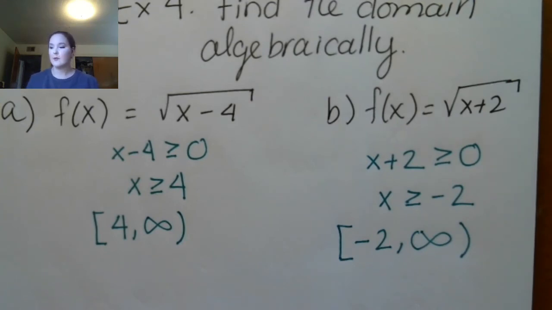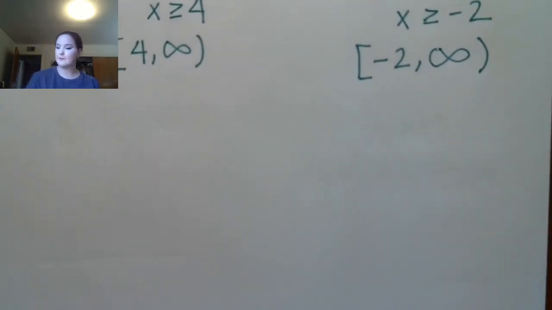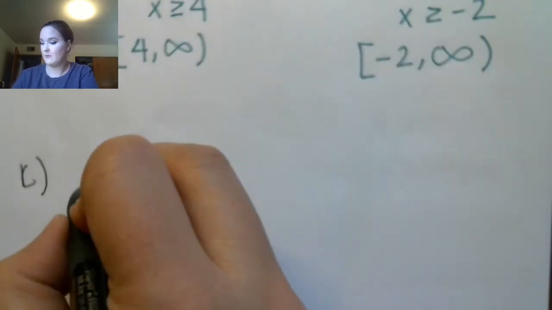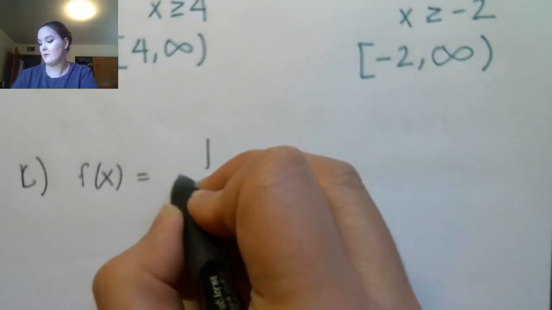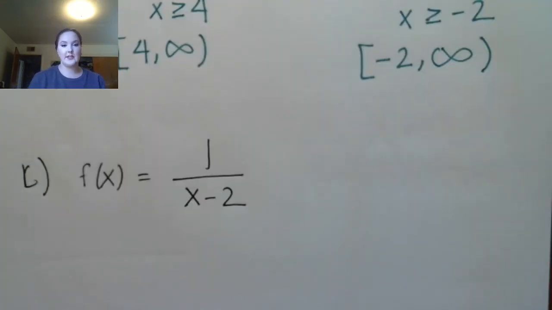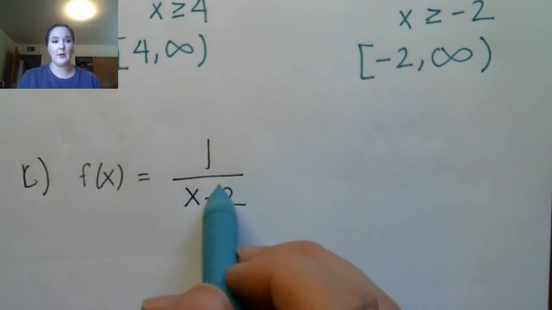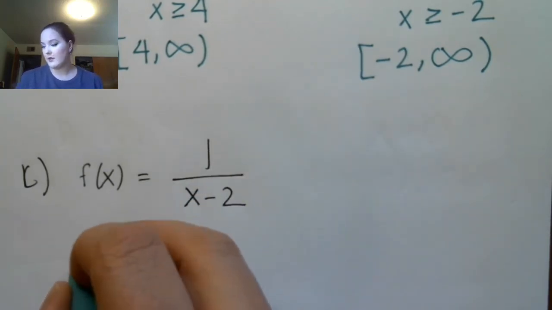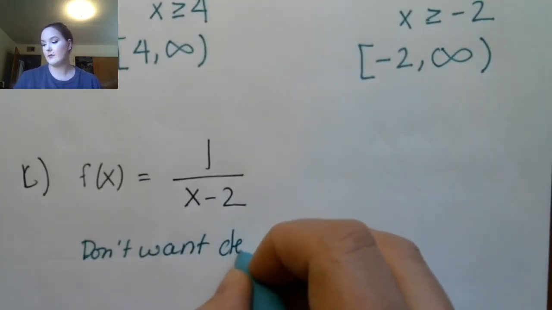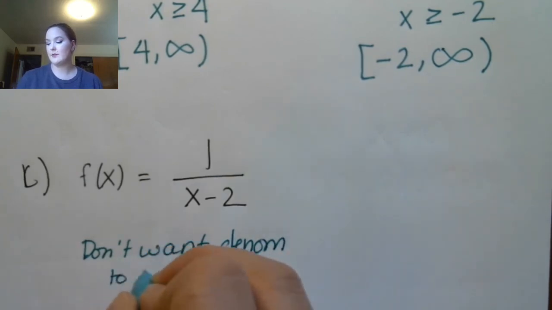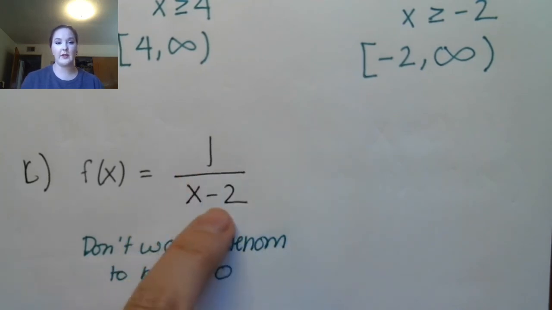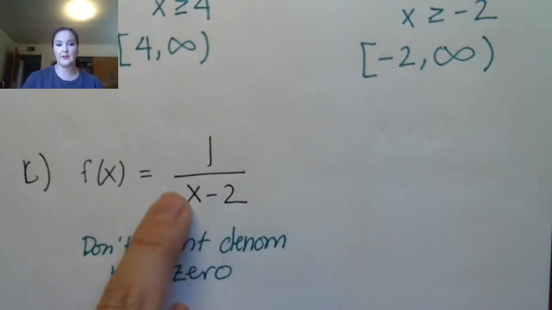Okay, let's do some examples with fractions. The idea here is that we don't want the denominator to be 0. So we're going to think about what we would plug in for x that makes the denominator 0.